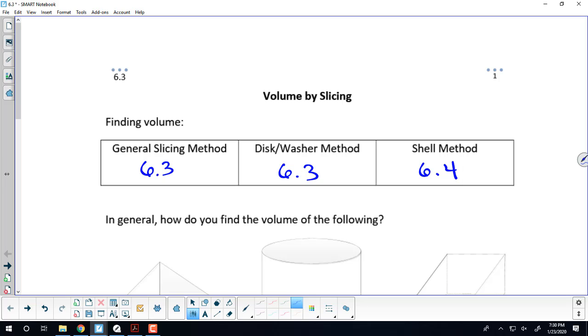So just as a reminder, when we find an area, what we did was we filled this region up with rectangles, and we computed the area of each rectangle and added that up, right? So that when we see this, that's the sum of each rectangle's height times each rectangle's thickness.